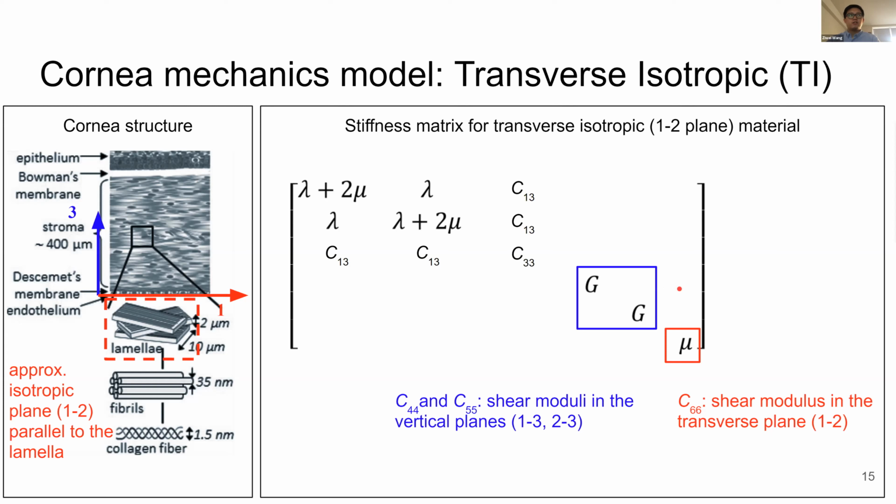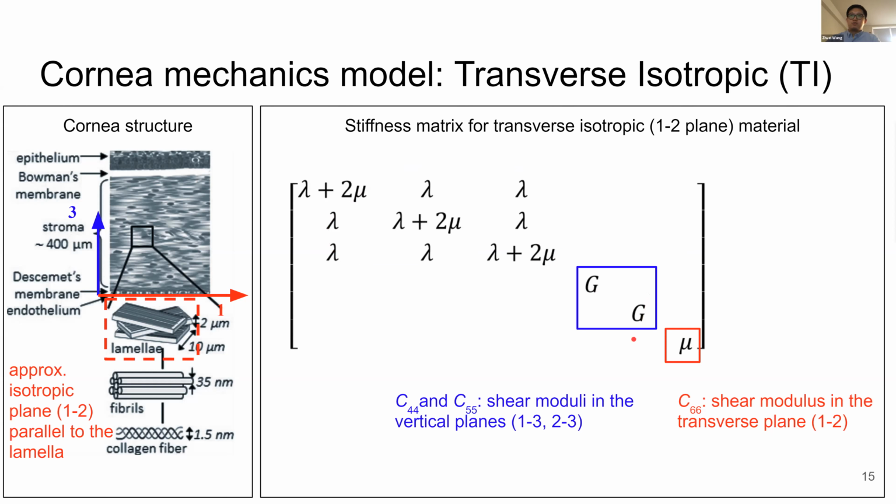But if we apply the incompressible condition to the model, then C13 and C33 have to be close to lambda. So here we can treat the longitudinal part as the isotropic part.